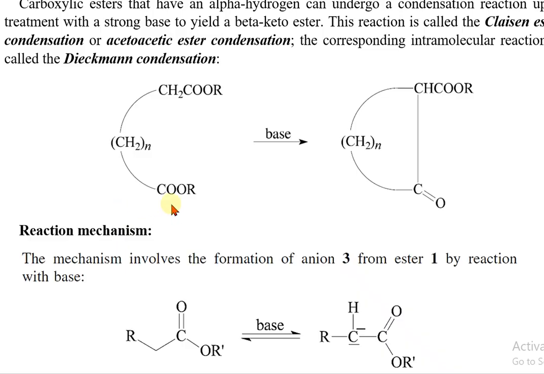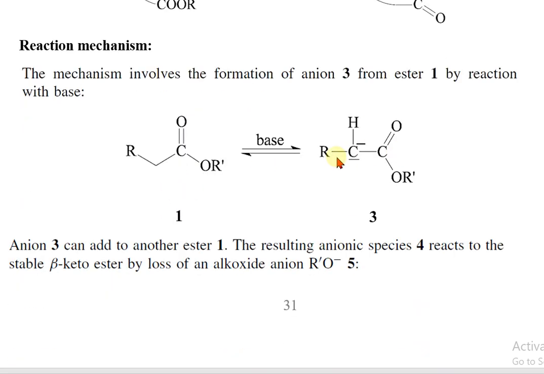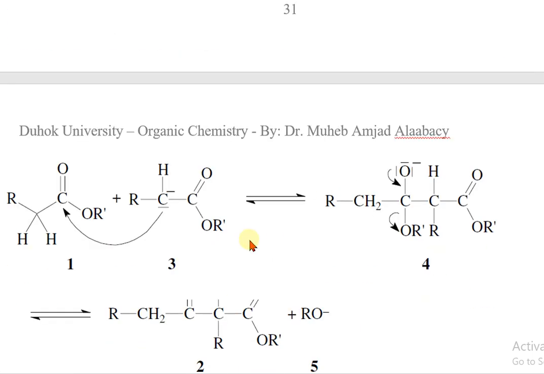For the reaction mechanism, firstly we use a base to remove an alpha proton to produce a carbanion. This carbanion is stabilized by resonance. Secondly, the carbanion adds to the carbonyl of the second molecule of the ester to produce this intermediate.